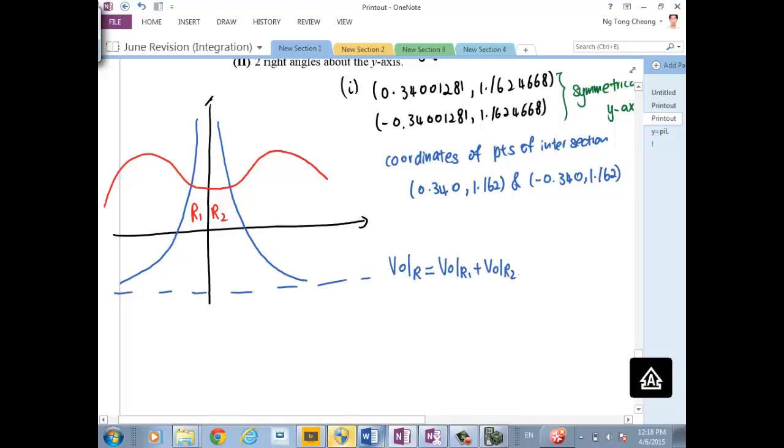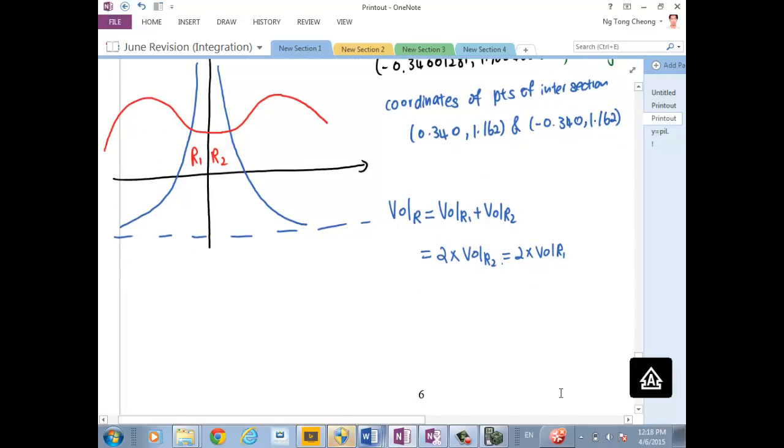But because these two curves are symmetrical about my y-axis, this is equivalent to 2 times the volume of R2, which is also equal to 2 times the volume of R1.